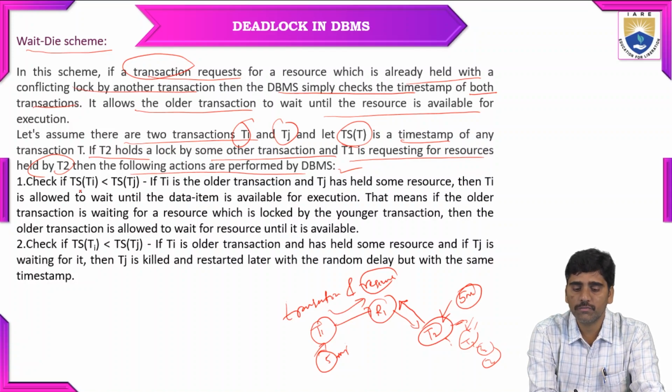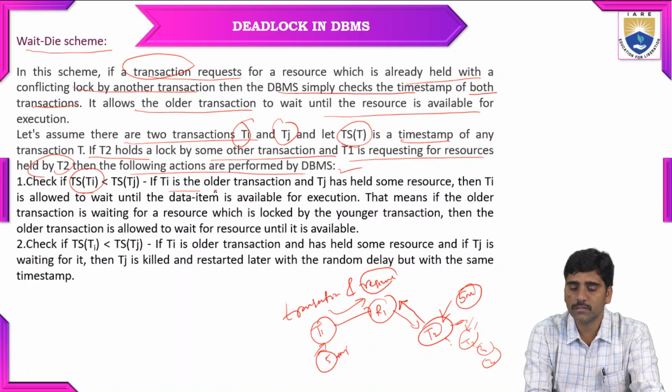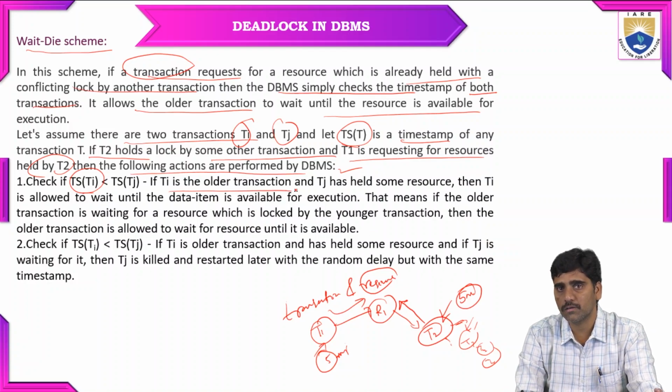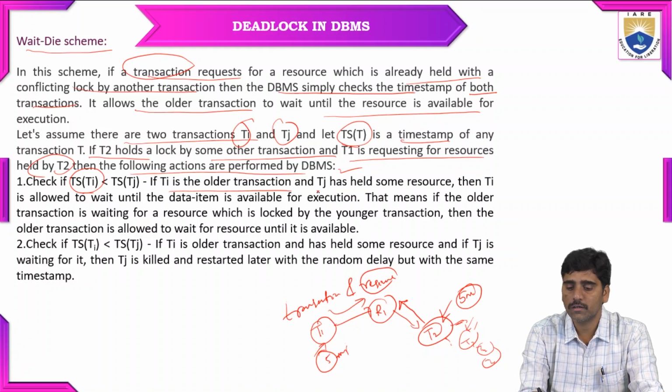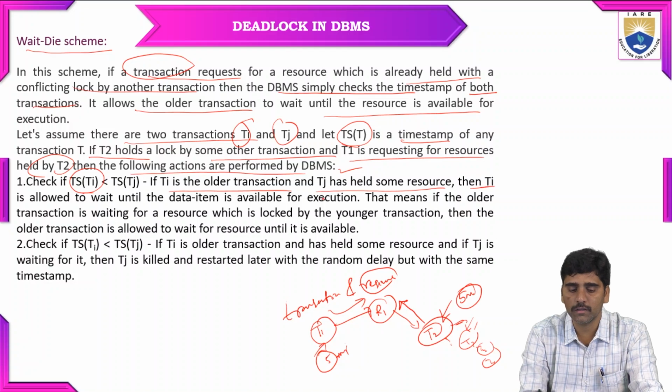It checks whether the timestamp of Ti is less than that of Tj. If Ti is the older transaction and Tj has held some resources at that moment, then Ti is allowed to wait until the data item is available for execution.